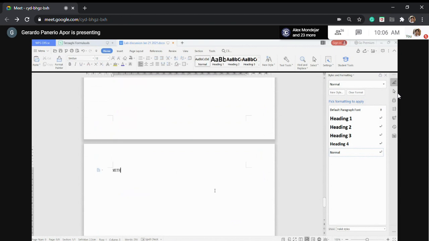Methods of solution for simple truss. Number 1, method of joints. Number 2, the graphical method, but they are somewhat the same.